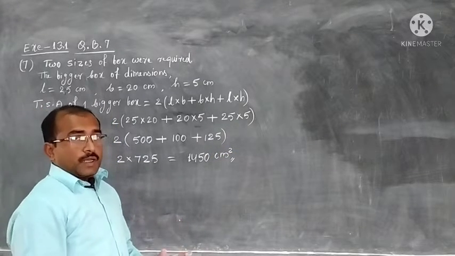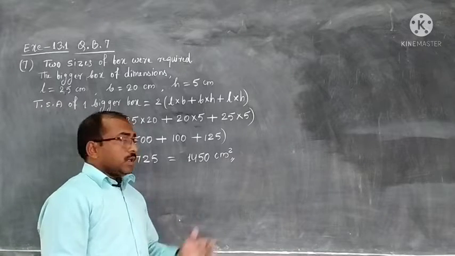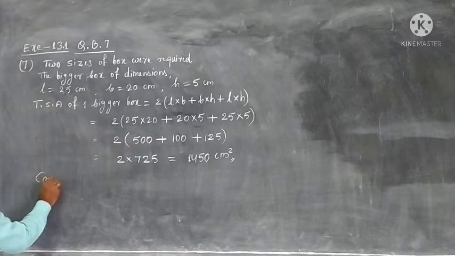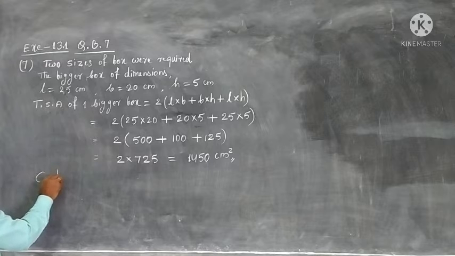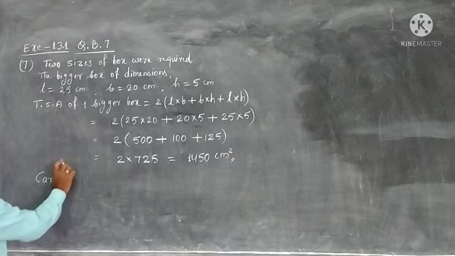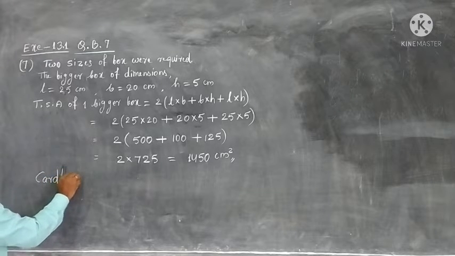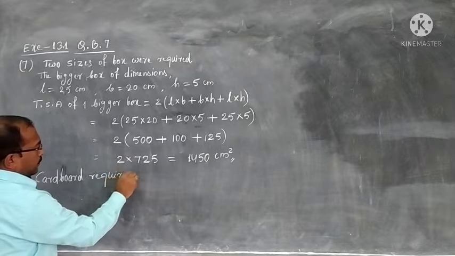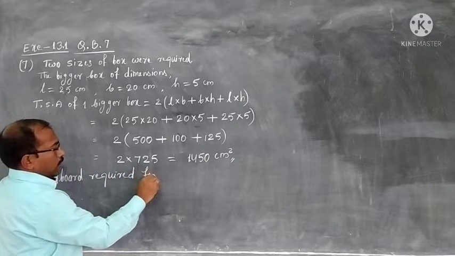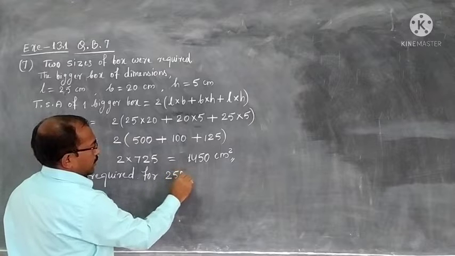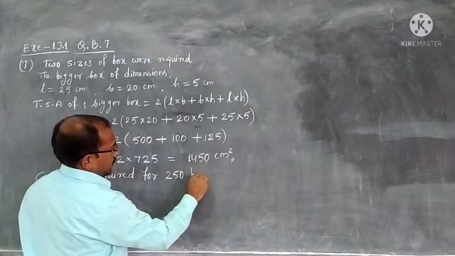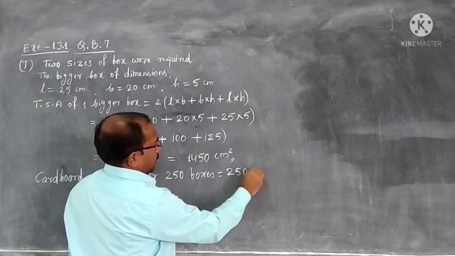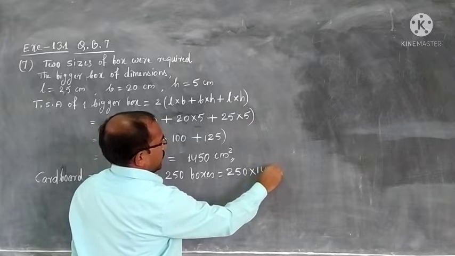How many boxes are we giving the order for? 250 boxes. So, the total cardboard required for 250 boxes is 250 into 1450.